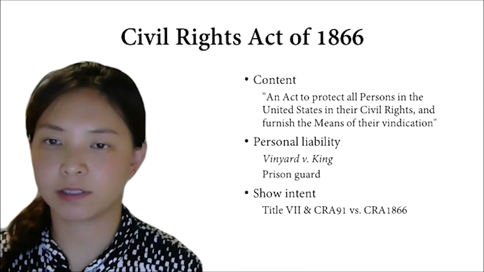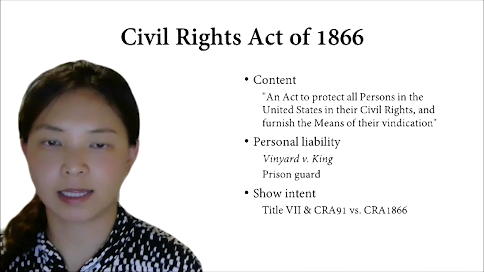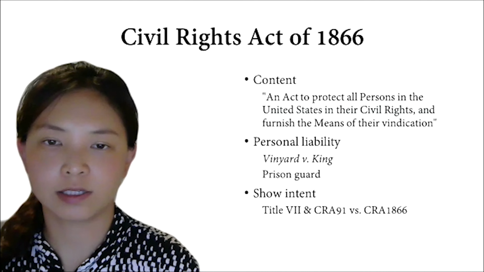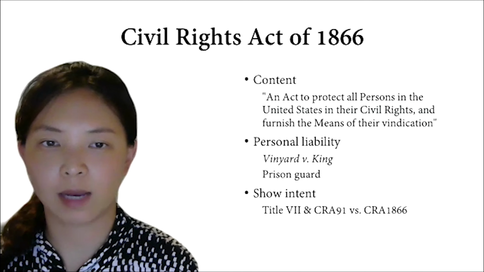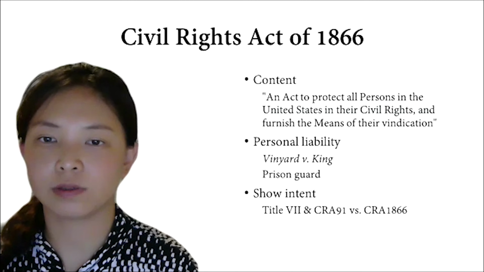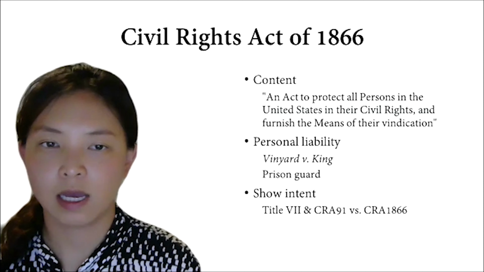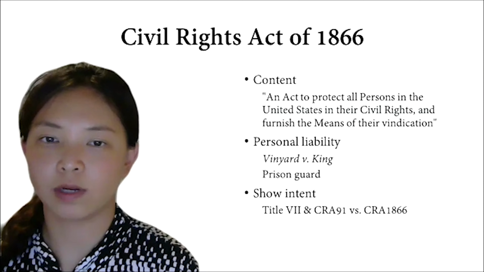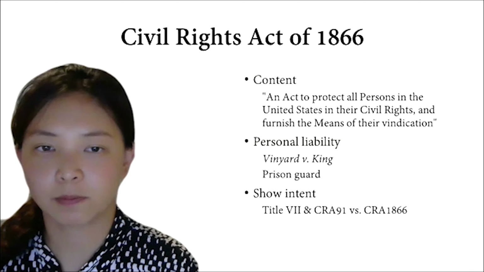If the plaintiff's attorney used both statutes and the intent cannot be shown, then it is still a violation of Title VII, where the only remedy is to make the employee whole. By making the employee whole, we mean to return the employee to the former status that he or she would have been in, but for the employer's wrongful conduct.